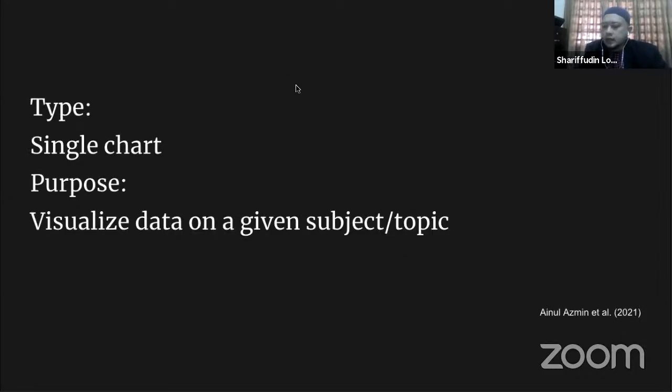Let's look at the types of visual aid that you can use. All the slides after this are going to be looking at the kinds of charts that will work as your visual aid.